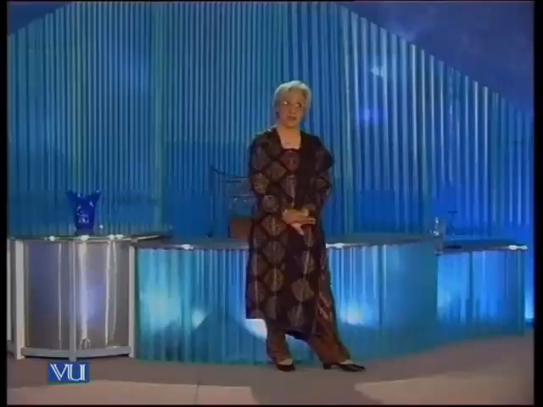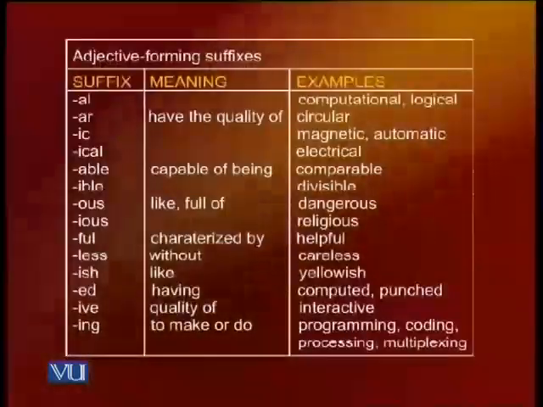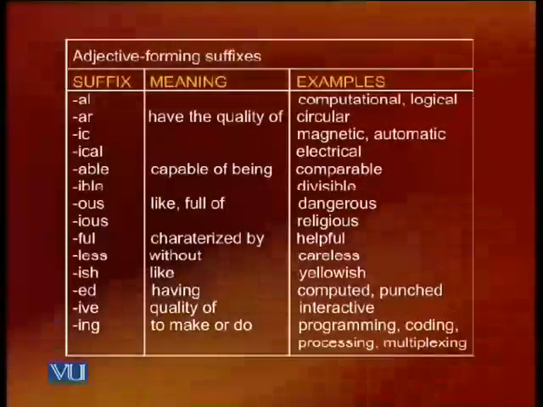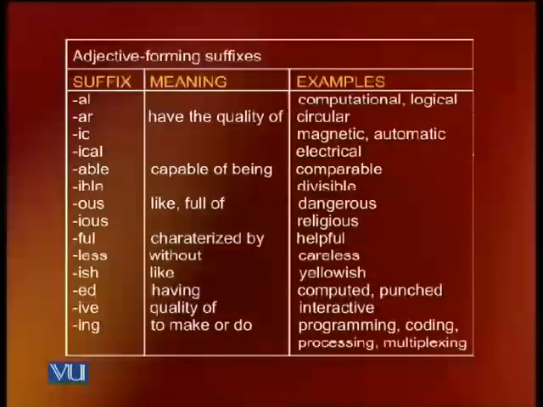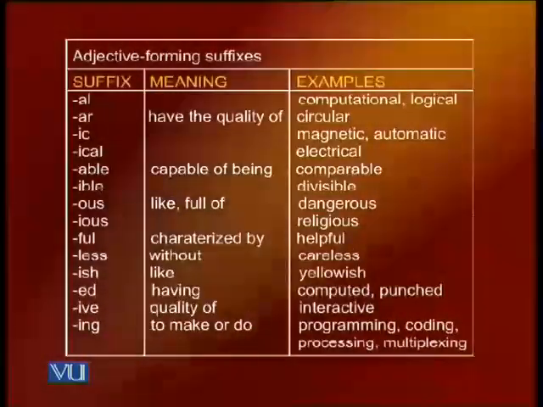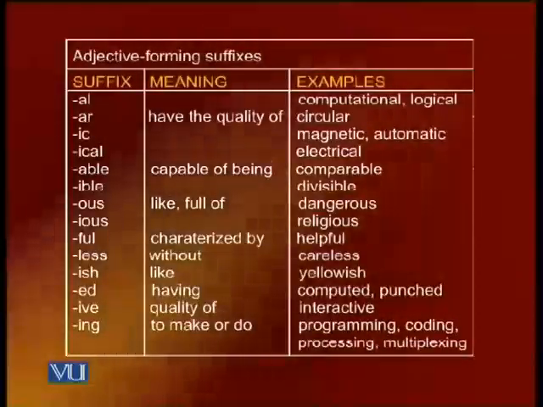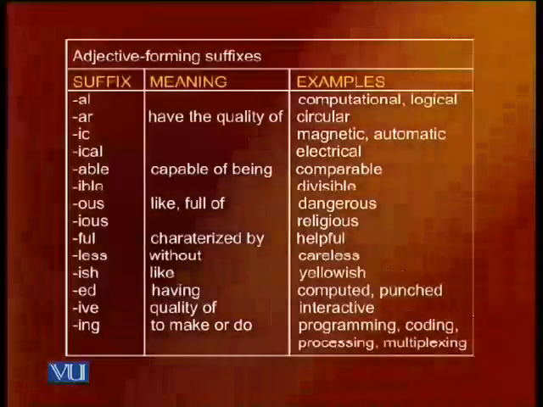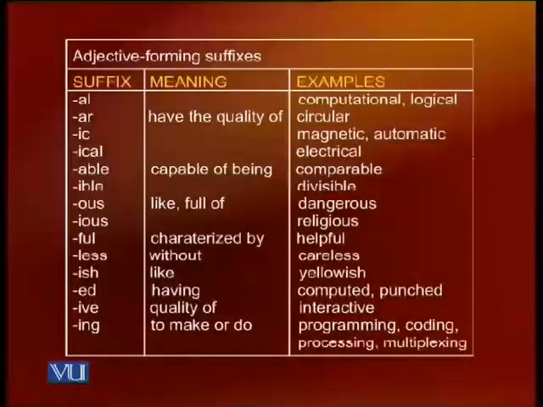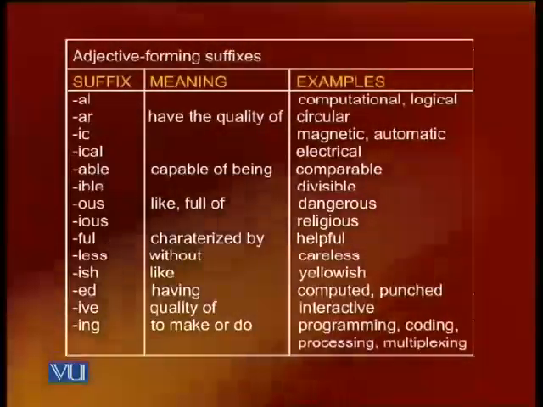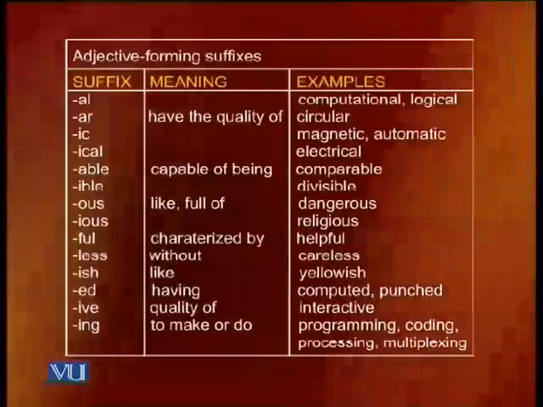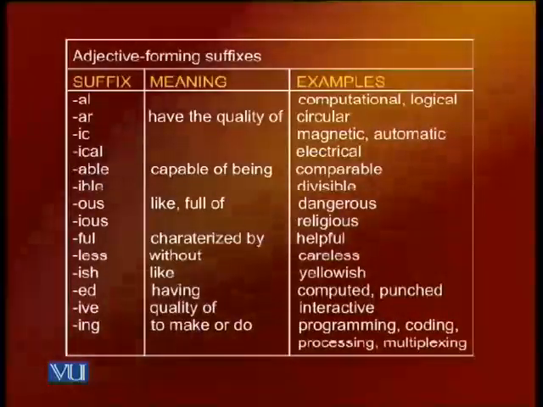In the same way, there is a long list of words that become adjectives if you add suffixes to them. And the suffixes are al, ar, ic, ical. All four have the meaning of the quality of. If you add al to the word computation, it becomes an adjective, computational.